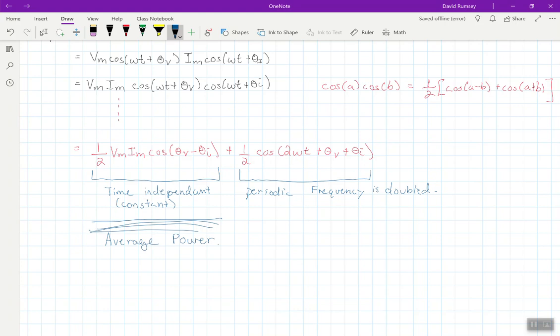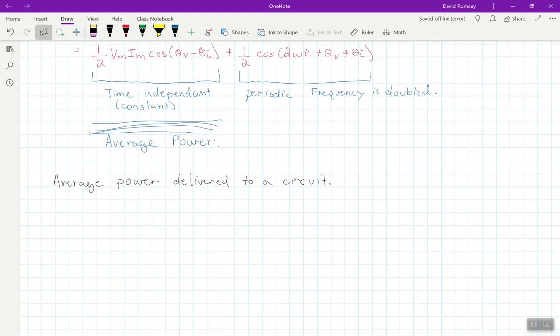So if we want to know what is the average power delivered to a circuit, it is capital P, is what we call this, and this is 1/2 V sub m I sub m cosine of theta v minus theta I. So this is an important equation.